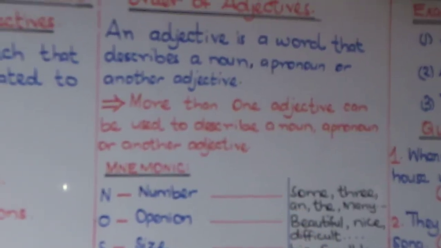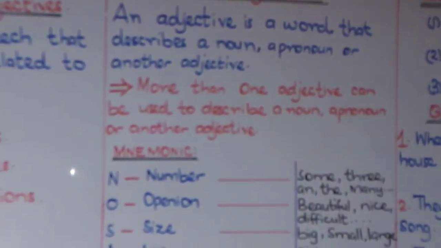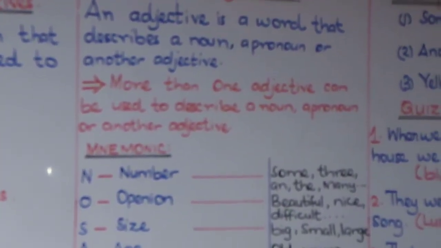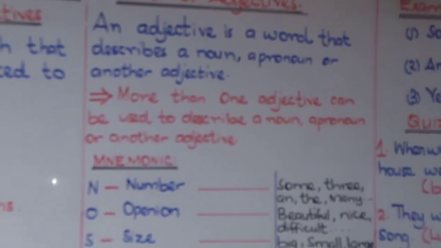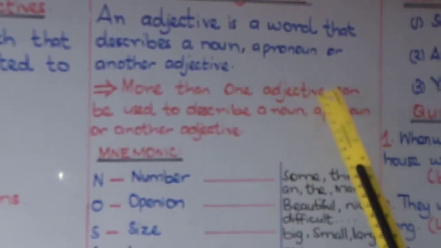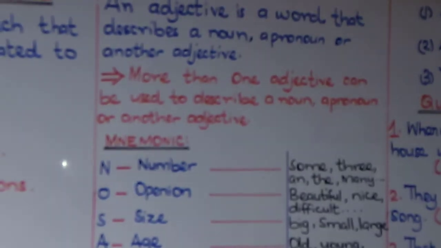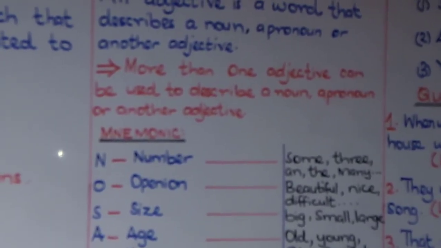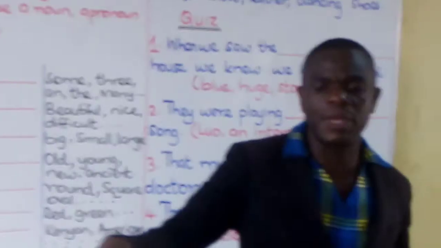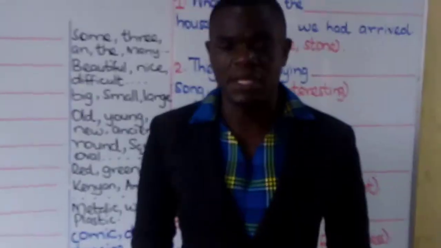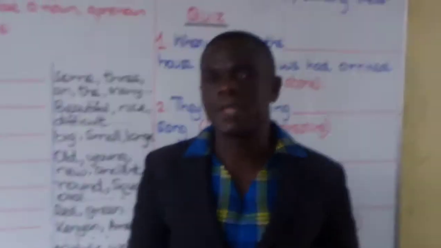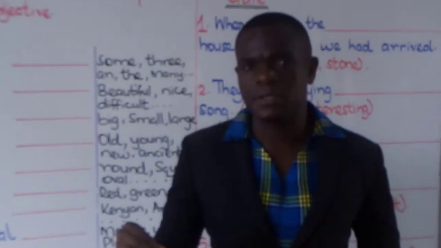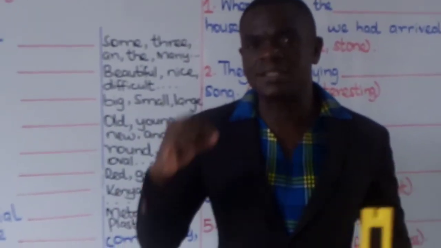Now, in a sentence, we may want to use more than one adjective. When we're using more than one adjective in a sentence, we cannot just place them anyhow. We must arrange them in the right order so that the sentence is logical.